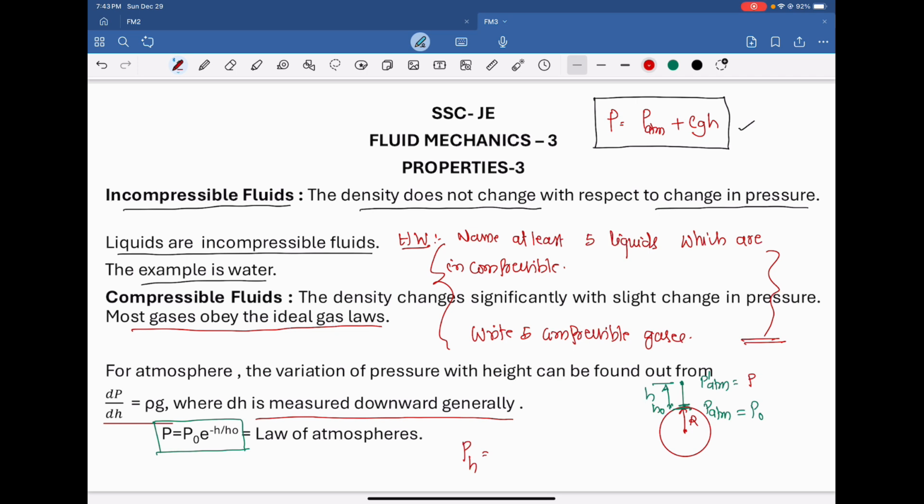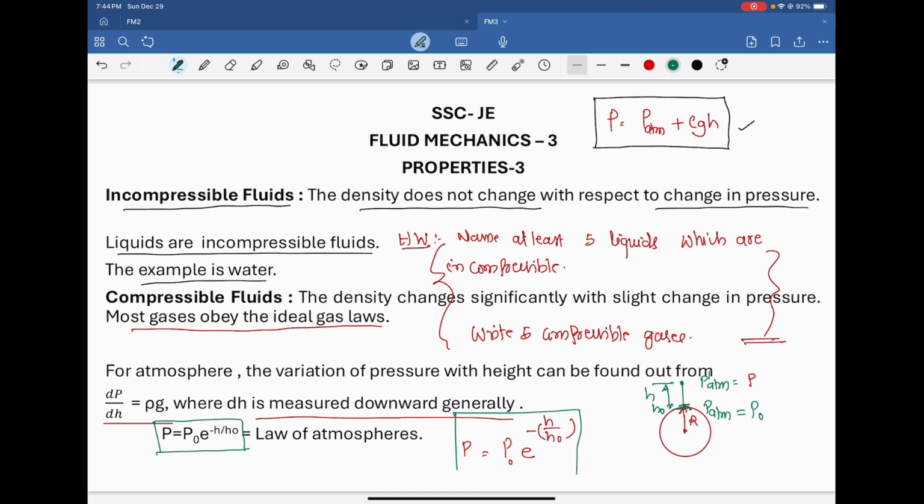This P dash atmosphere is given by this formula. P is equal to P naught into e to the power of H by H naught. This is the height near the atmosphere H naught. At H naught is P atmosphere. This is equal to P naught.